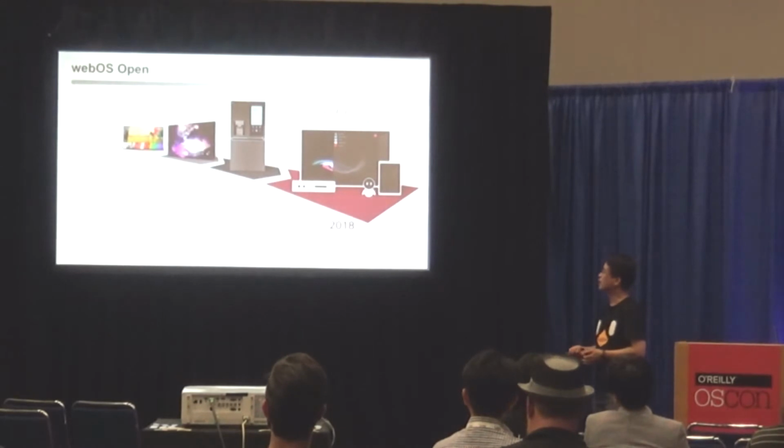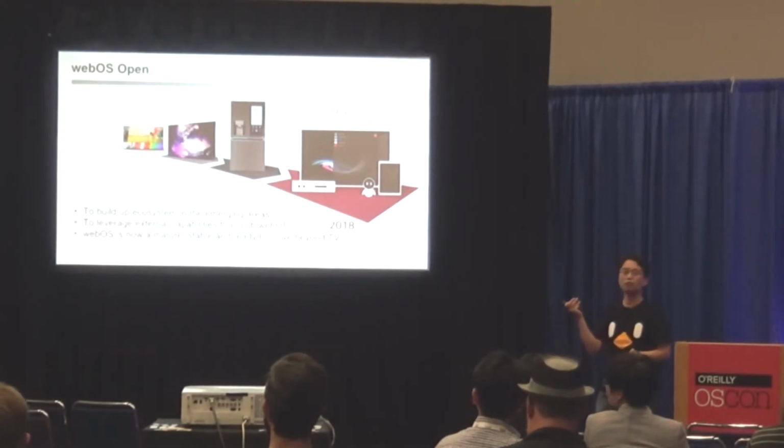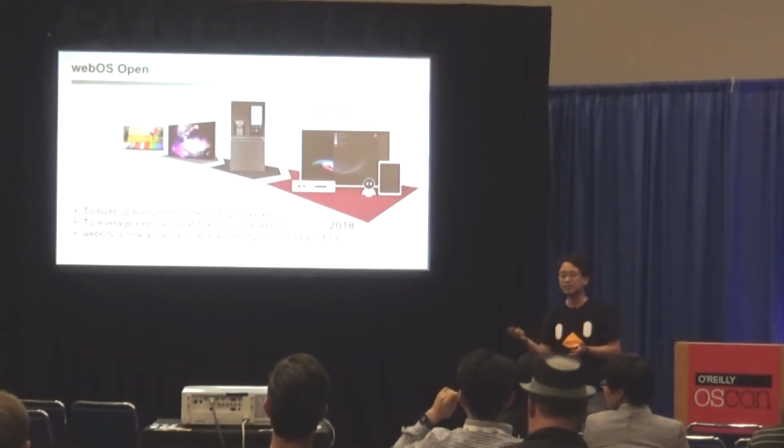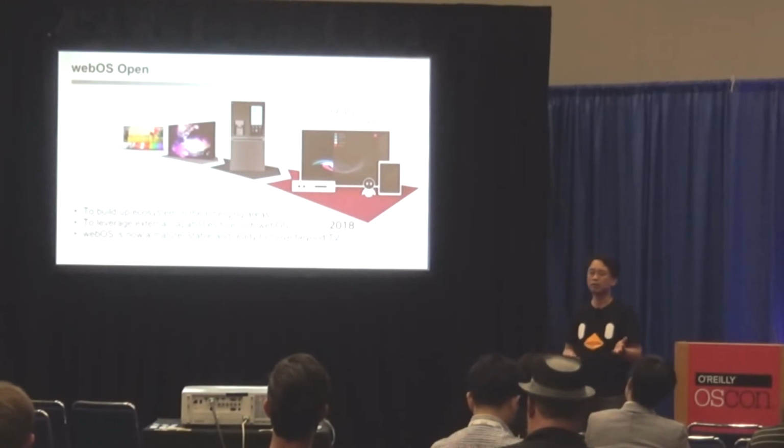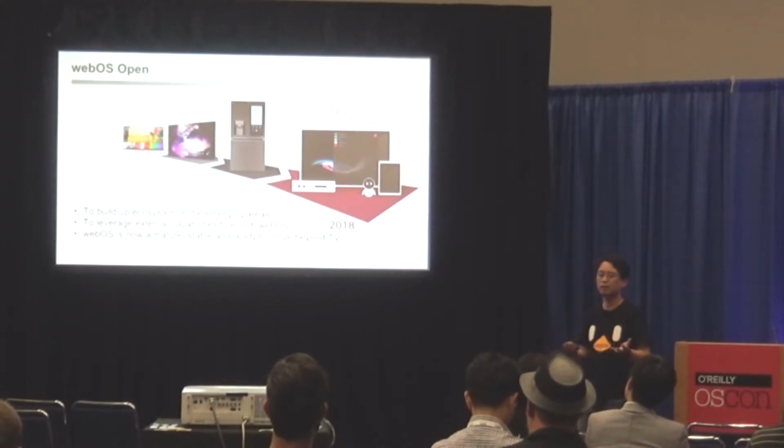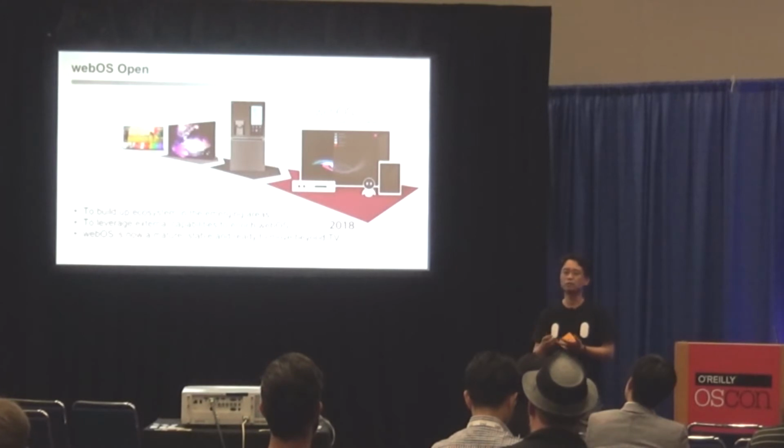As you see, we released TV, digital signage, and a refrigerator which enables Amazon Alexa. Recently we also integrated Google Assistant, Facebook, and lots of services in our webOS. And finally in March, we released webOS as open source.